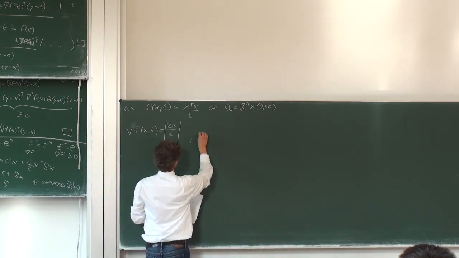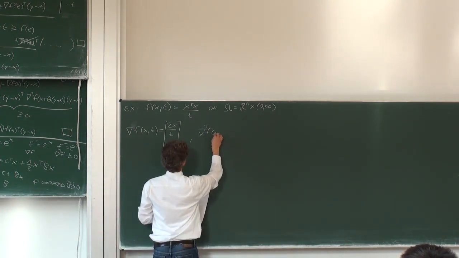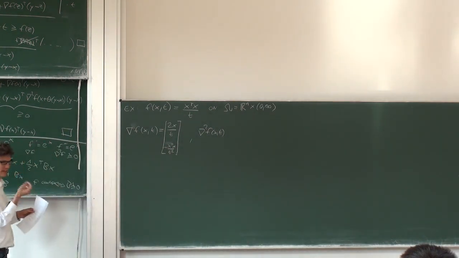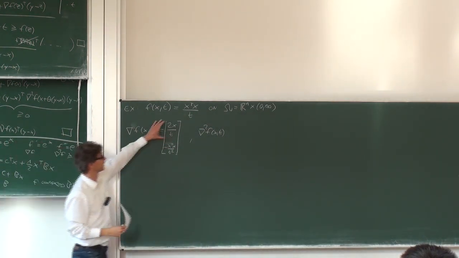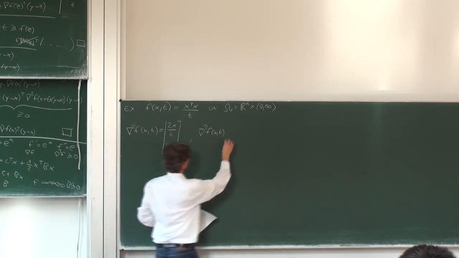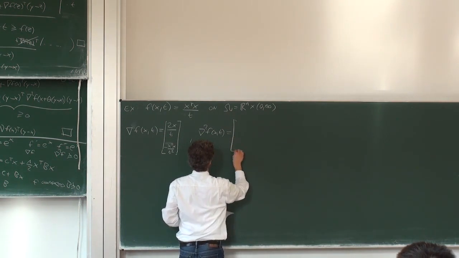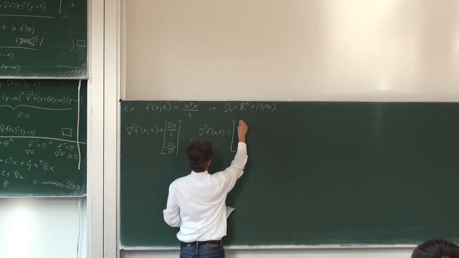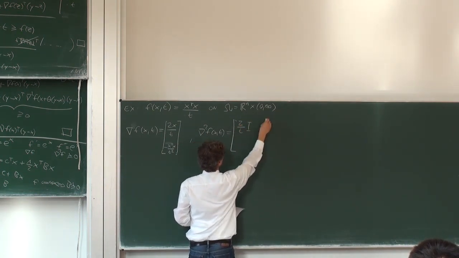We can then also compute the second derivative of this function. Now please keep in mind that it has these two variables, x and t. So this is a vector, this is just a number. And now we go on. The Hessian matrix is, of course, the derivative of this component with respect to the first. It's just 2 divided by t times the unit matrix.